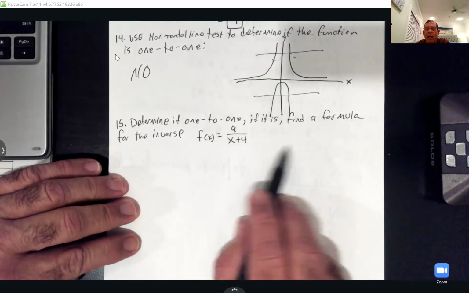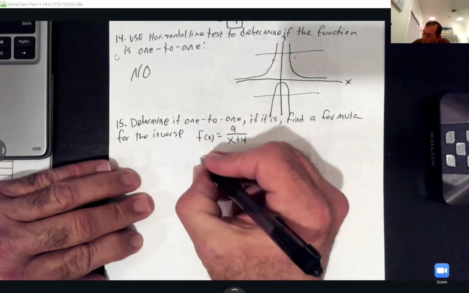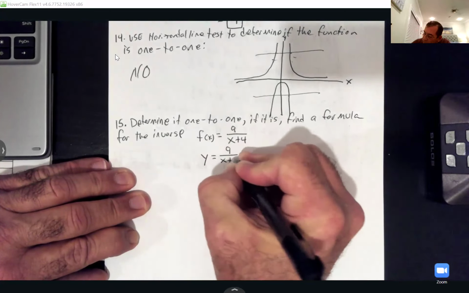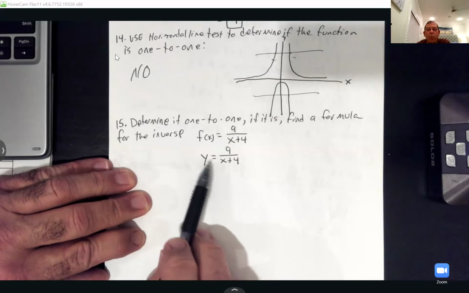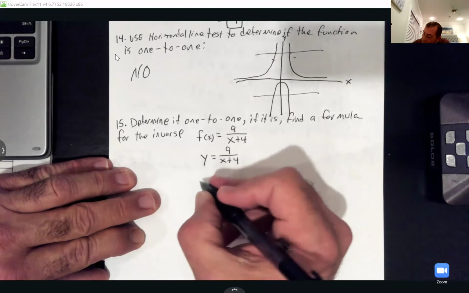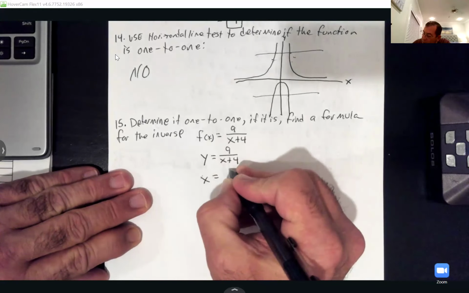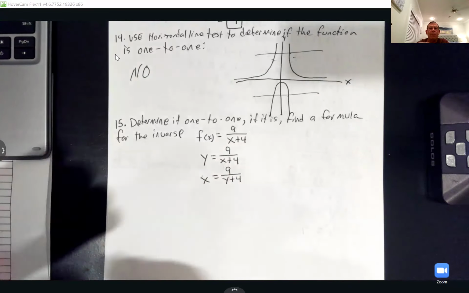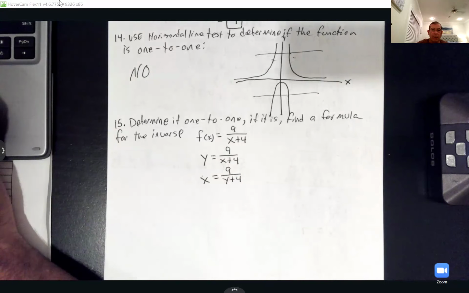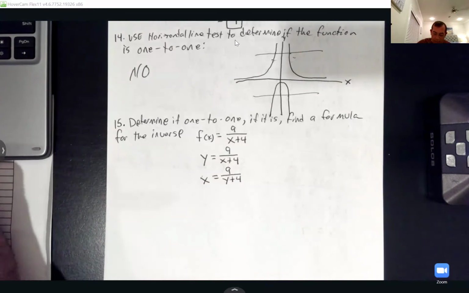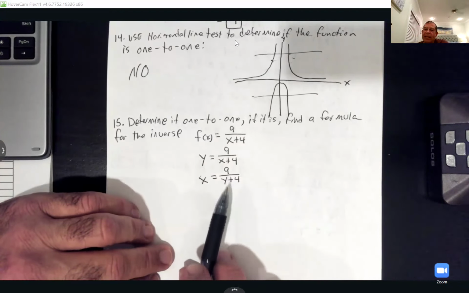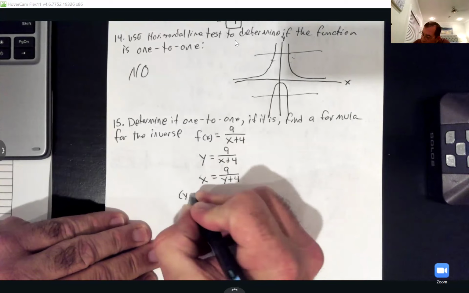So, since it's going to have an inverse, we replace the f of x with a y. We then switched the x and y around so that we get x equals 9 over y plus 4. All right, so we're solving this for the y. And y'all, I'm going to tell you the easiest way to solve this one is multiply both sides by y plus 4.